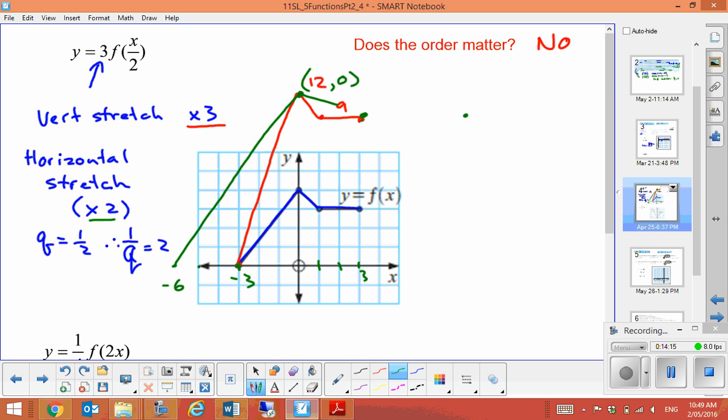So our graph looks like this. So this is now at 3, 9, 12, 0, minus 6, 0.